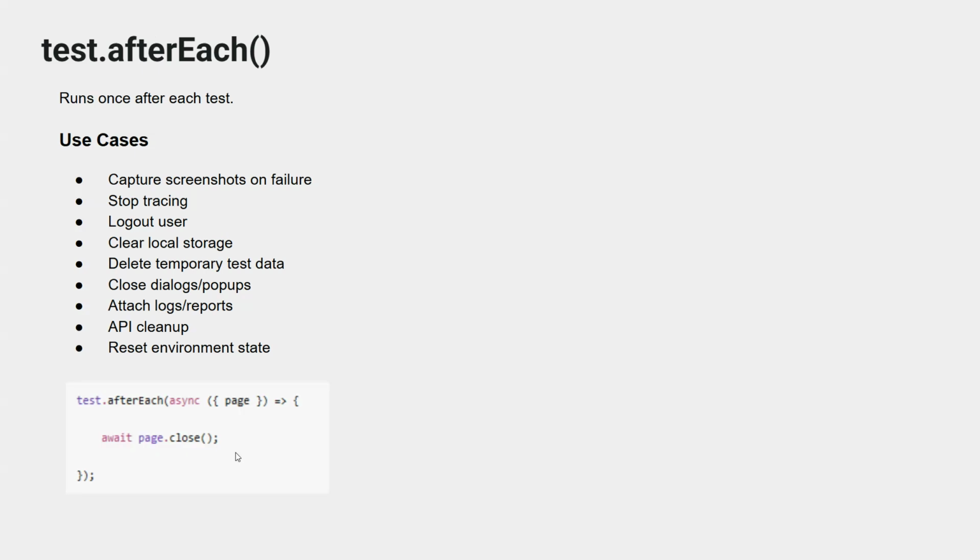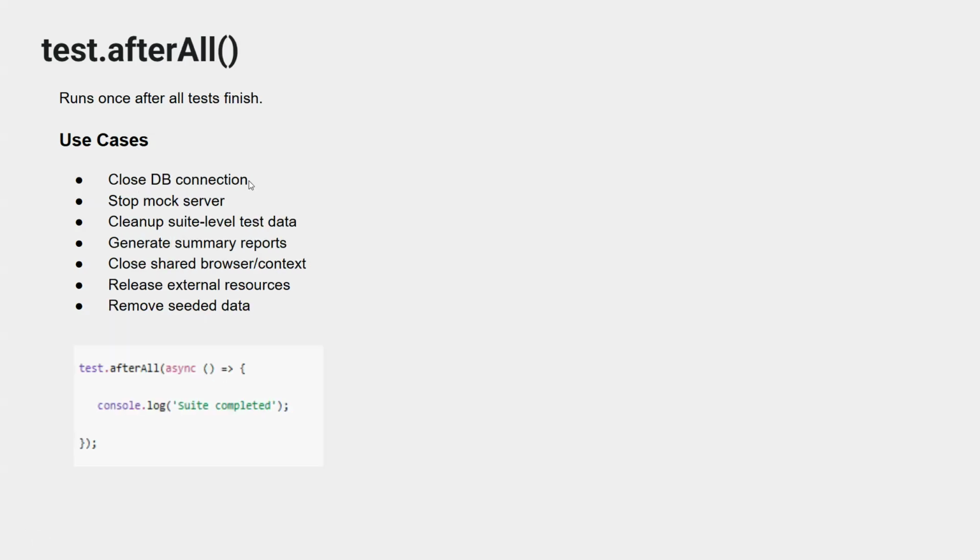Likewise, afterEach gets executed after each of your test functions. You can use this for logging out the user or deleting temporary test data or, most importantly, capturing screenshots on failure. The last hook is afterAll, which gets executed after your entire suite is executed, after all your tests are executed.